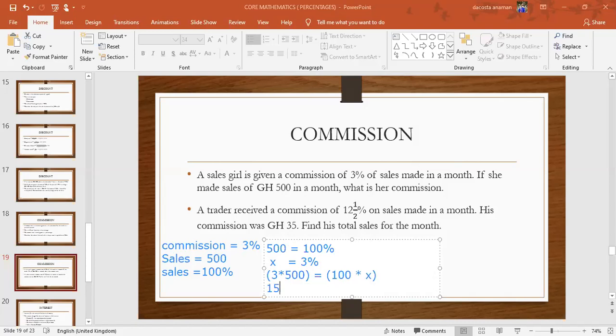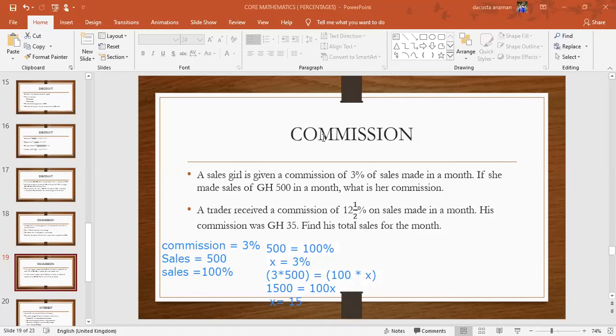So you're having 1,500, which will be equal to 100x. You just divide by 100. Is that okay? And that will give us what? 15. So x will be equal to 15.